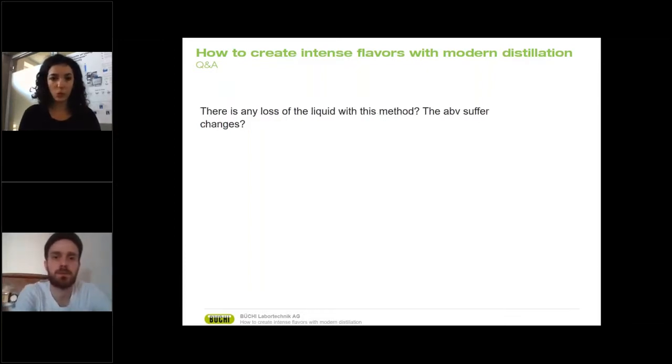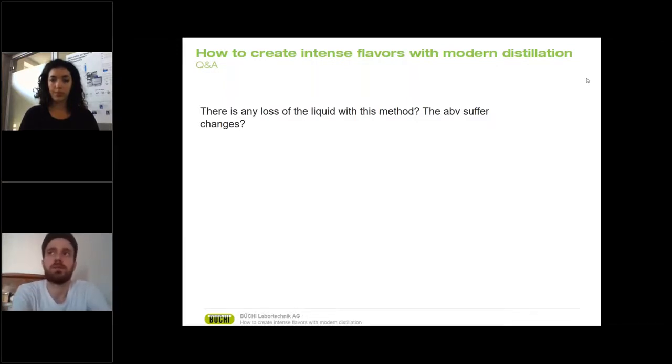Let's move on to the next question. Is there any loss of the liquid with this method, and does the ABV suffer changes? Yes, as I explained when I was showing the slides from the Old-Fashioned Clarified, the bourbon distillate, what can happen is that if you push the pressure a little bit too much, some of the vapors can be sucked by the vacuum pump, and this means that you're losing some of the flavored compounds, and also some volume, some liquid.